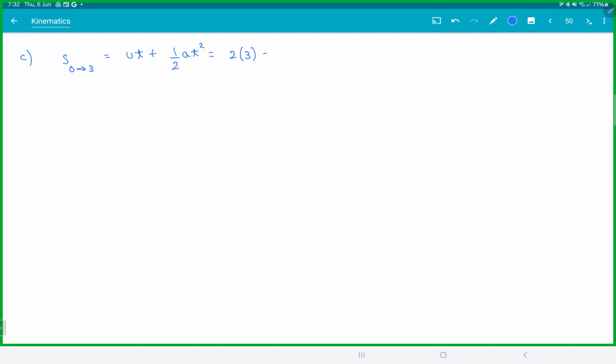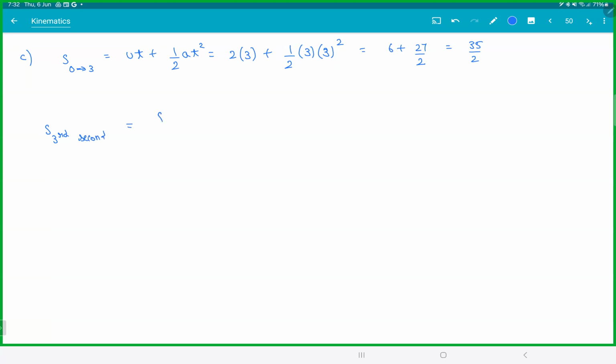Two into 3, 3 into 3 square. That would be 6 plus 27 by 2. That's 35 by 2. Now you are asking from third second.